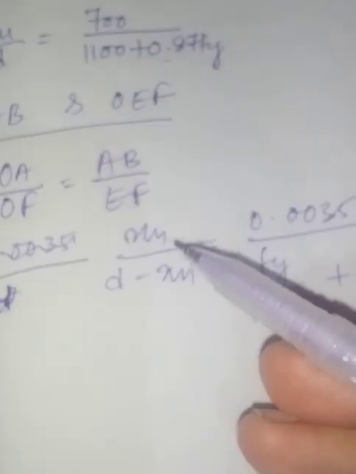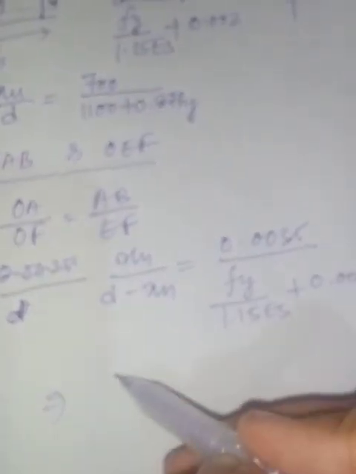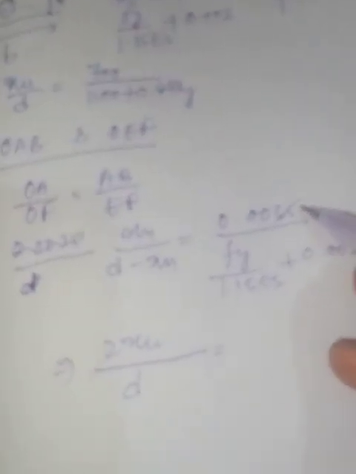Ratio EF value is Fy ratio 1.15 Es plus 0.002. If I add Xu in the numerator and denominator, it will convert into 2Xu in the numerator and only d in the denominator, and on the right hand side I will add 0.0035 in the numerator and denominator.